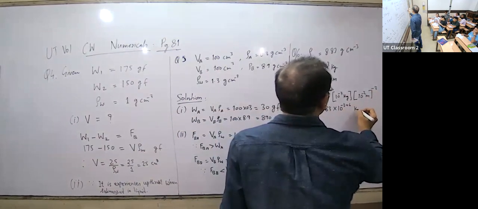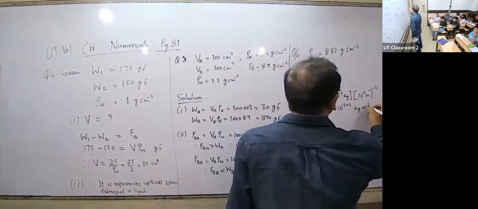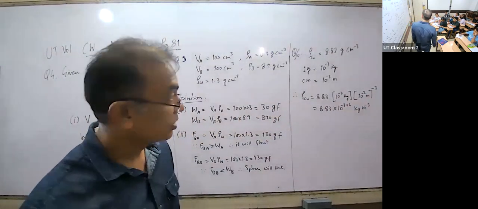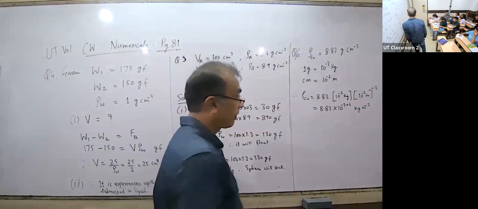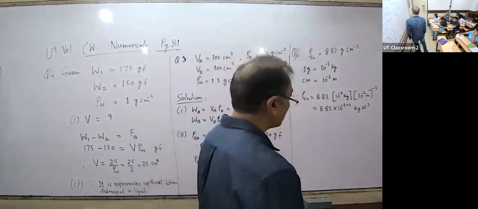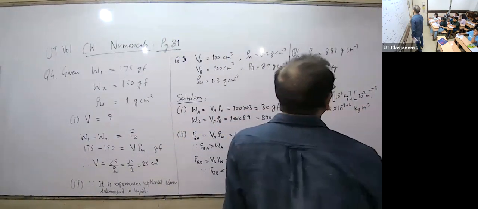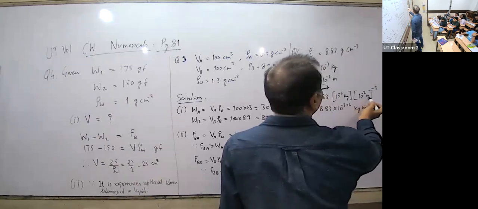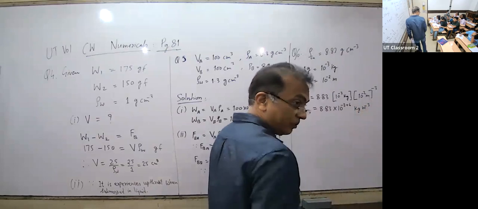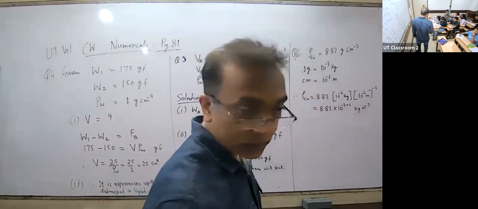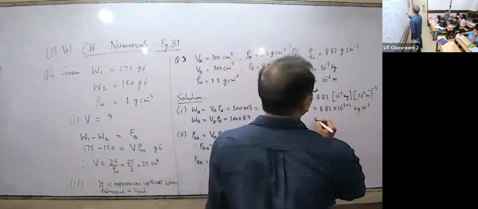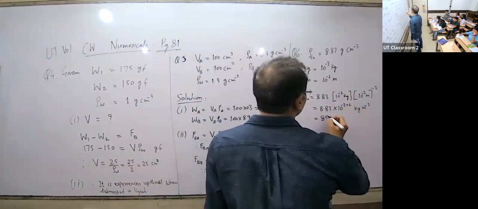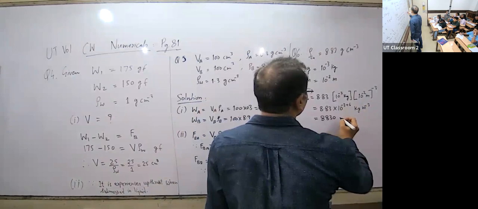So this will be kg. Have you understood? Or should I do it in 2 steps? Because this minus 3 will multiply with minus 2 and it will also come as a power of m. So now you have minus 3 plus 6, and it is 1000.